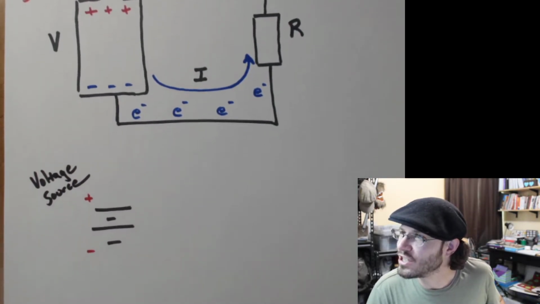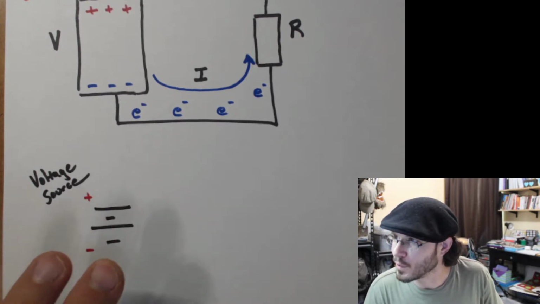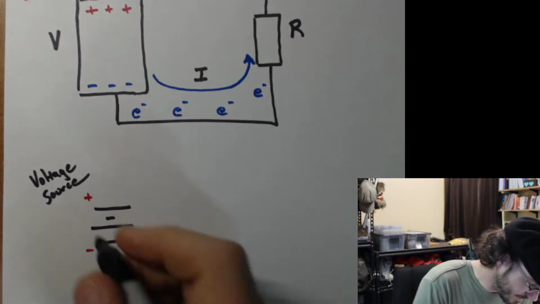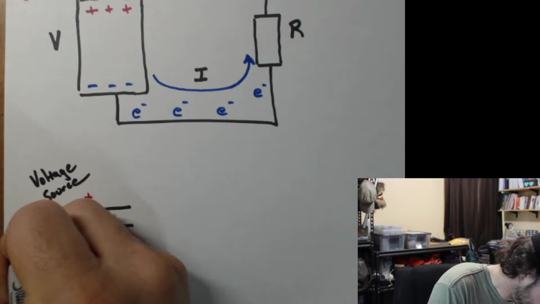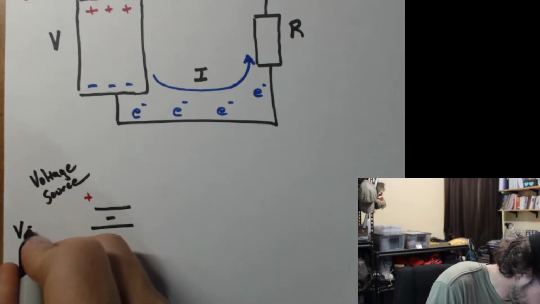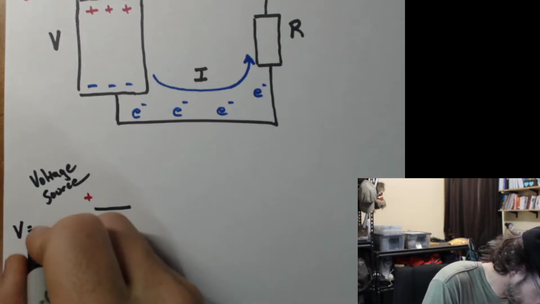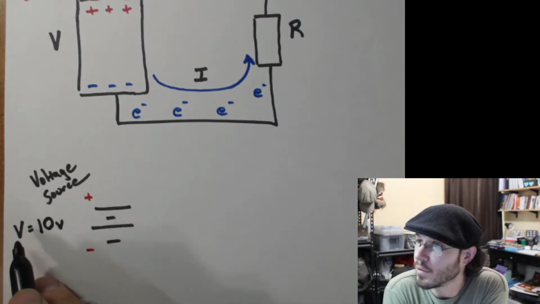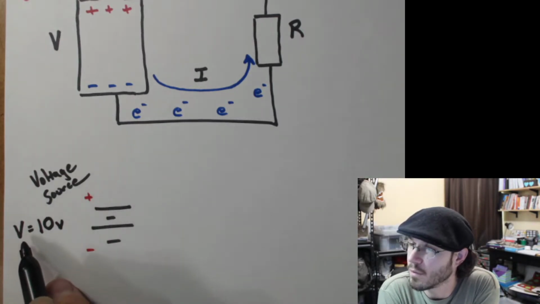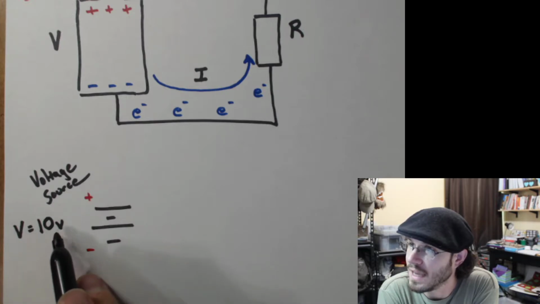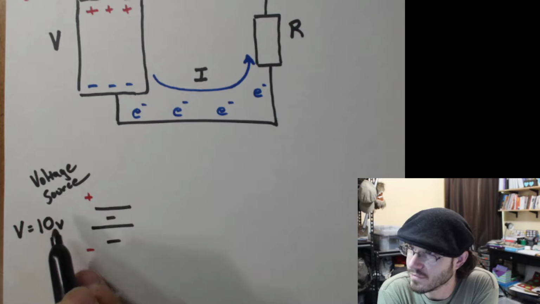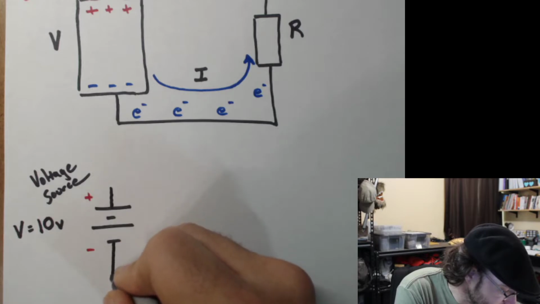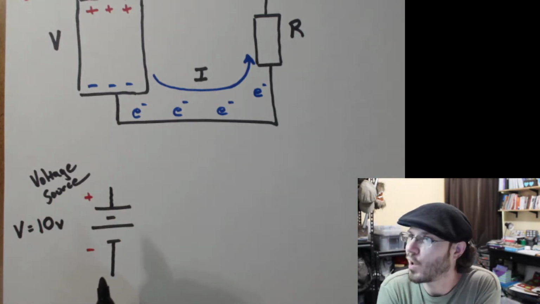And let's just give them a value right now. Let's get this over with because we're going to see it like this over and over and over again. V refers to this part, and we're saying that V is equal to 10 volts. And this is the schematic symbol that we're going to be using. And that's all we need to do.